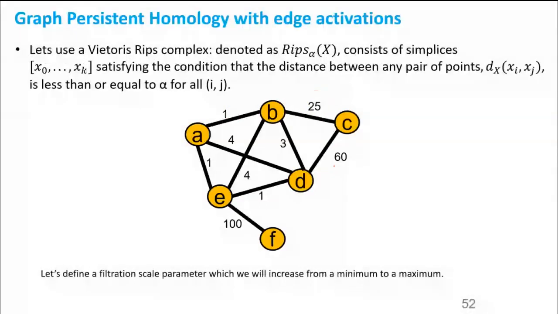Now, let's use a Vietoris-Rips complex. And Vietoris-Rips complex, remember, creates an edge or activates an edge between any pair of points if the distance between nodes, d(xi, xj), is less than or equal to alpha, which is the filtration threshold, for all i, j. So let's define a filtration scale parameter, which we will increase from a minimum to a maximum.